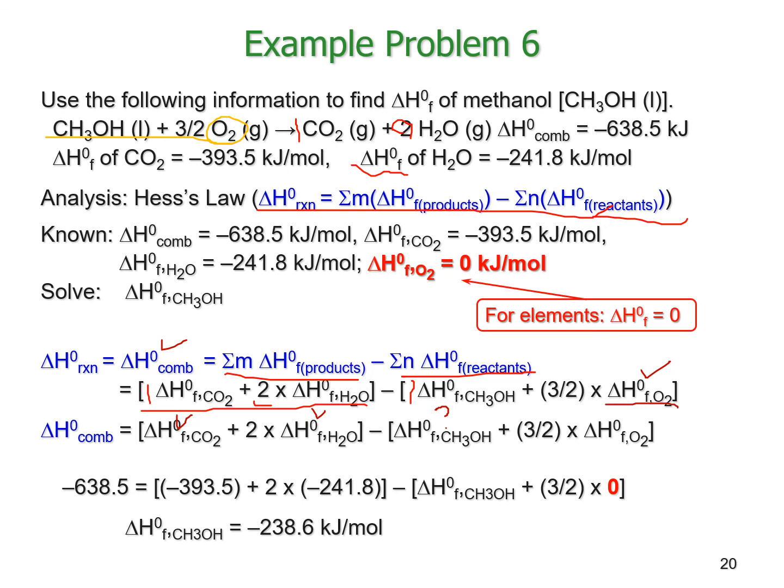Another type of calculation problem I can think of off the top of my head is stoichiometry, right? When we deal with stoichiometry, remember we include delta H of a reaction as part of the stoichiometry, as a reactant.